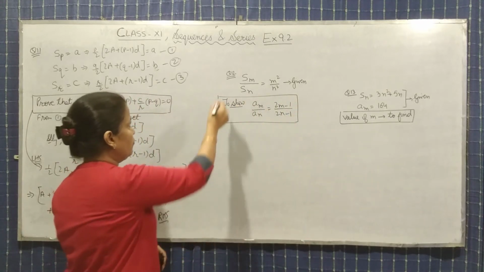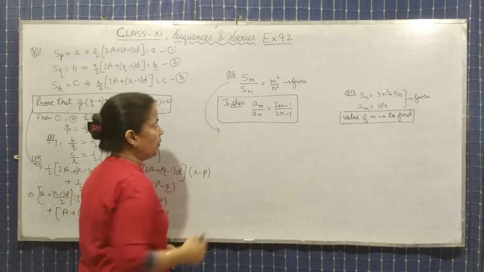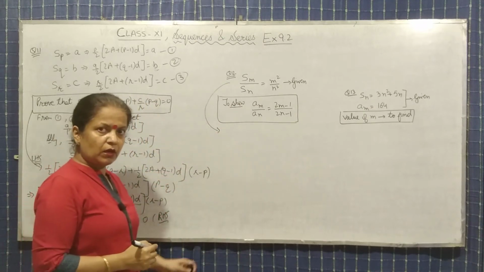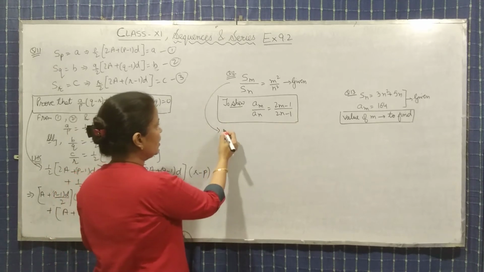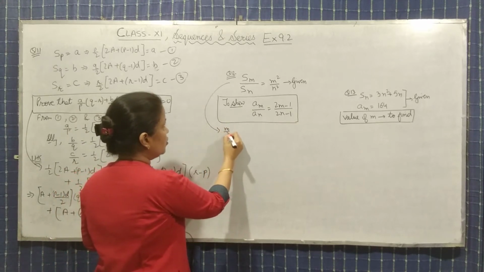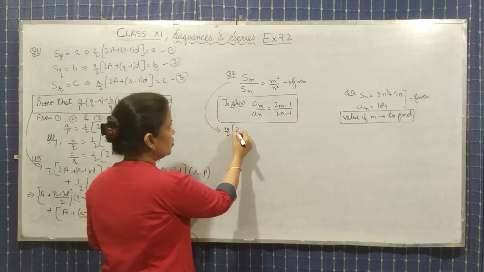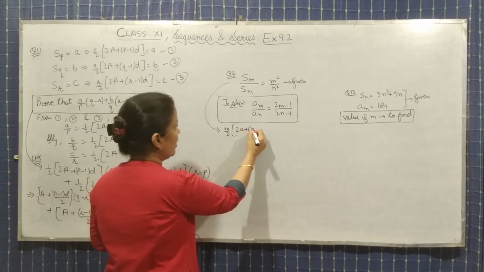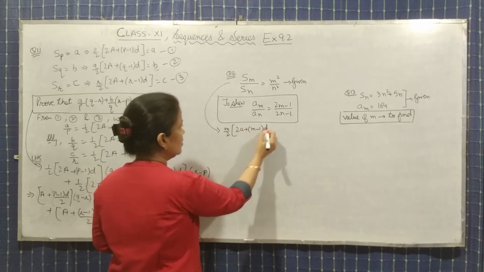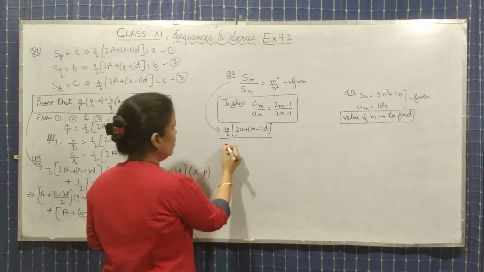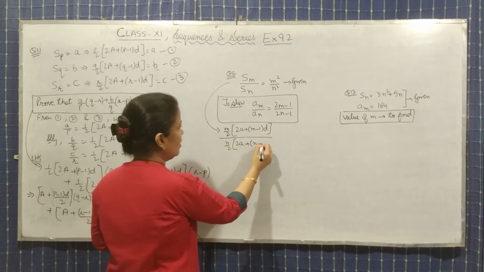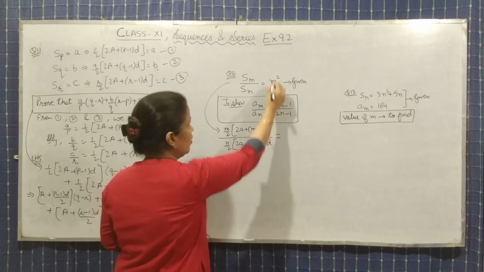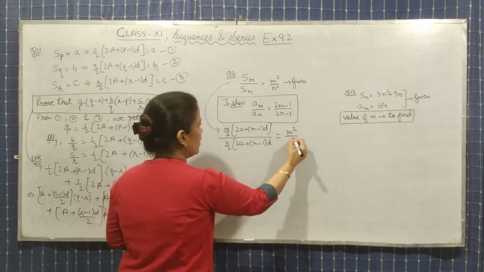Take the given part, the sum of m terms. Now apply the sum formula again, that is m upon 2 (2a plus (m minus 1)d) upon n upon 2 (2a plus (n minus 1)d). This equals m square upon n square.